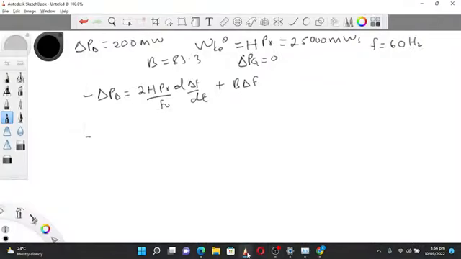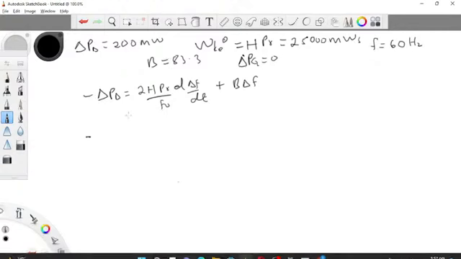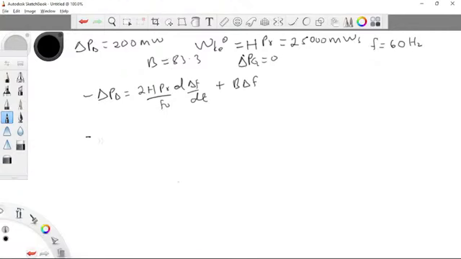Okay, we are back. Alright, so here they want us to find the frequency variation with time. We have delta F here, we have delta F here.